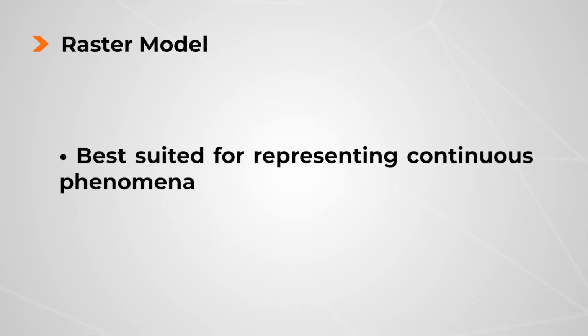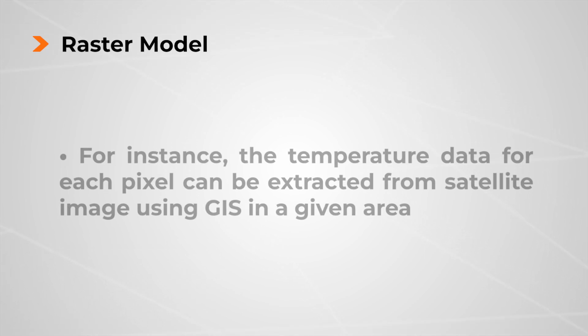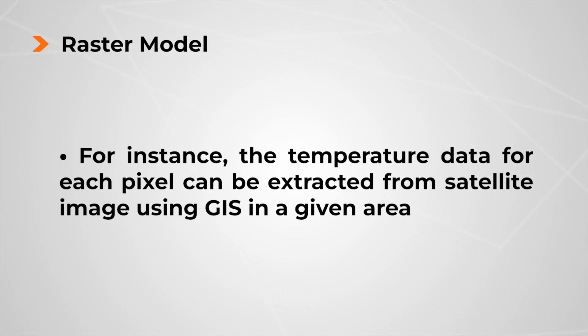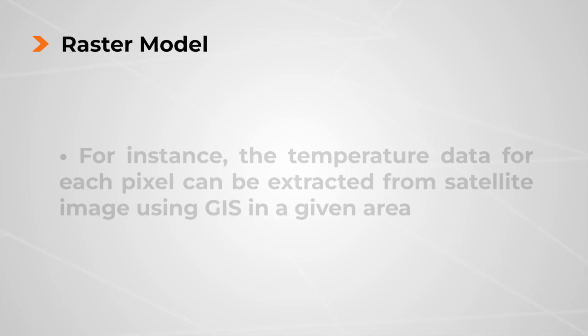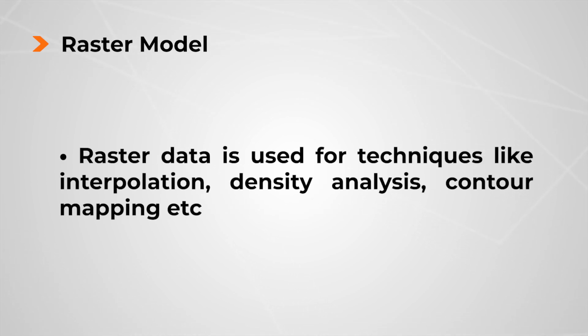These are best suited for representing continuous phenomena such as elevation, temperature, land use, land cover. Satellite imagery is used for this purpose. For instance, the temperature data for each pixel can be extracted from satellite image using GIS in a given area. Raster data is used for techniques like interpolation, density analysis and contour mapping.